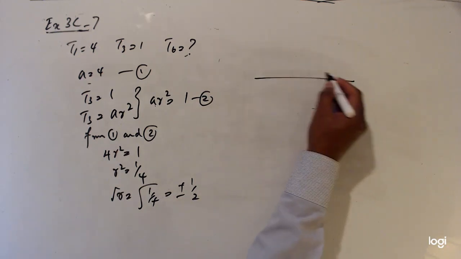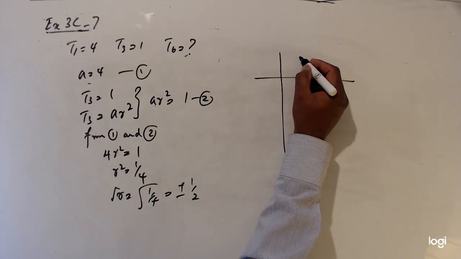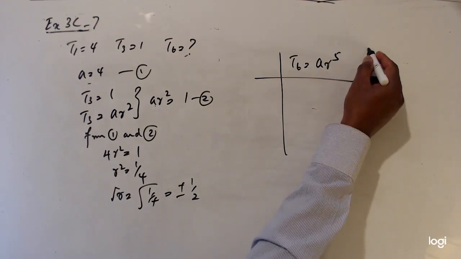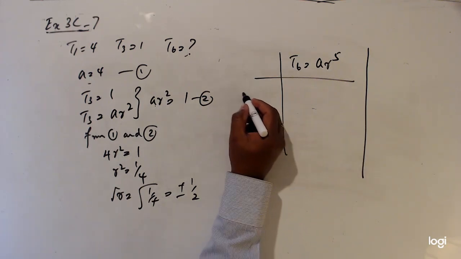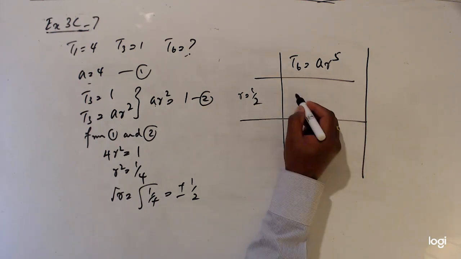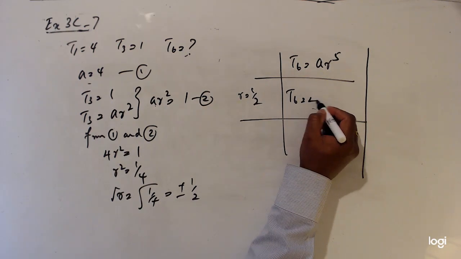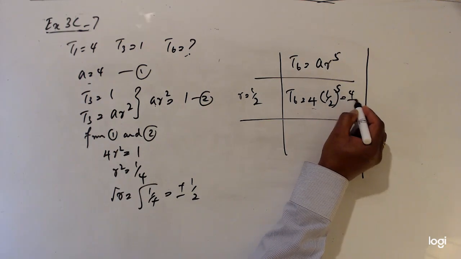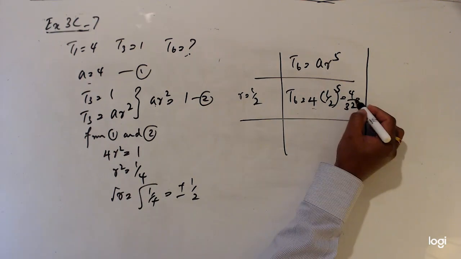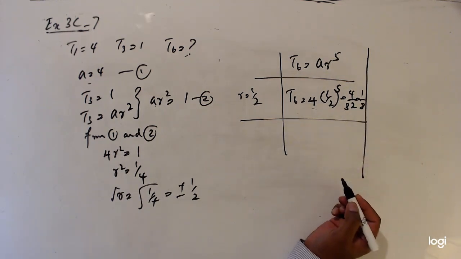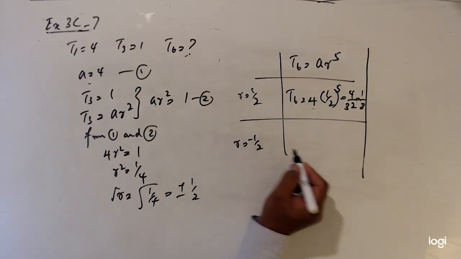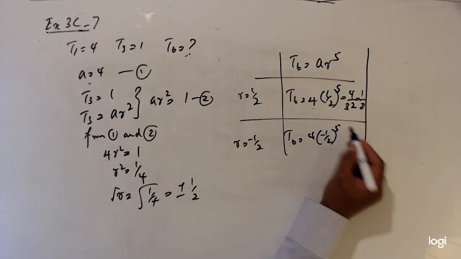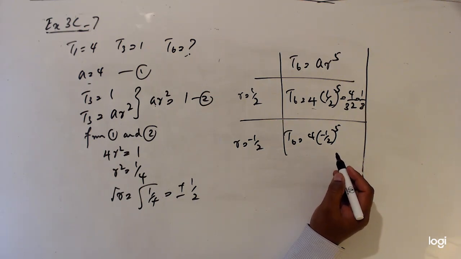Now we need the 6th term, that is AR^5. When R equals half, T6 equals A, which is 4, times (1/2)^5. So 4 over 32, that is 1 over 8. And when R equals minus half, T6 equals 4 times (minus 1/2)^5.